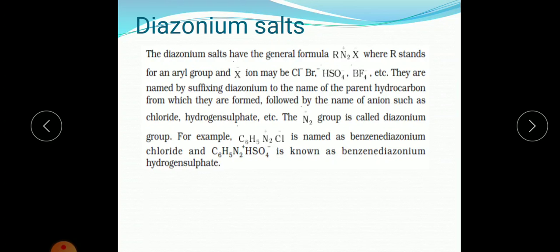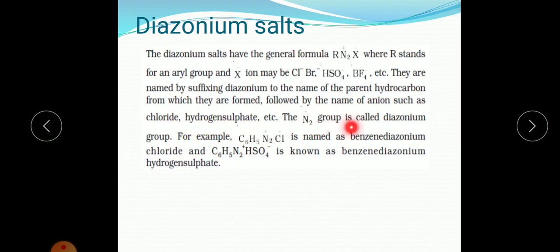Diazonium salts have the general formula RN2+X-, where R stands for an aryl group and X ion may be chloride, bromide, sulfate or borate, that is, tetrafluoroborate. They are named by suffixing diazonium to the name of the parent hydrocarbon from which they are formed, followed by the name of the anion such as chloride, hydrogen sulfate.